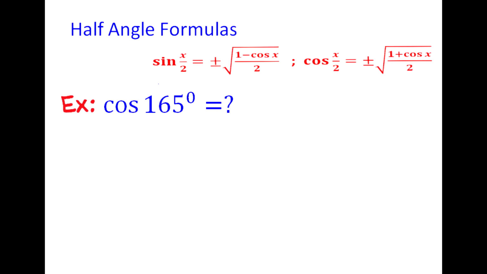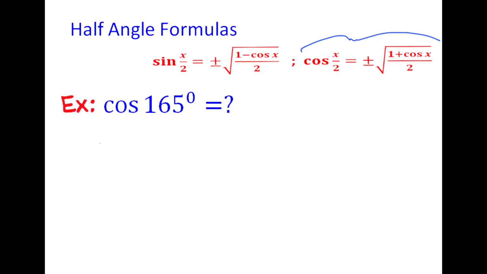And this is our last question, guys, in this video. We are asked to find the value of cosine 165 degrees. And in this question, because we are going to find cosine, this is going to be the formula that we will be using. And we need cosine x. How can we write that 165 degrees, guys?